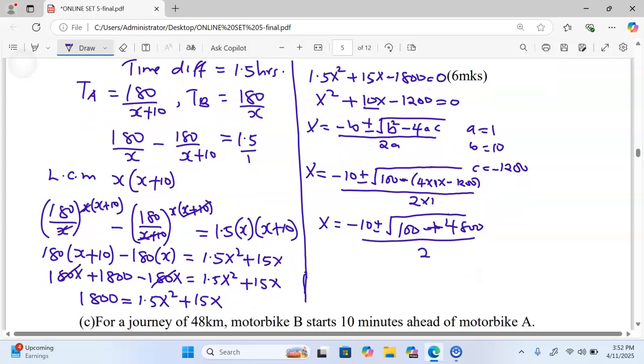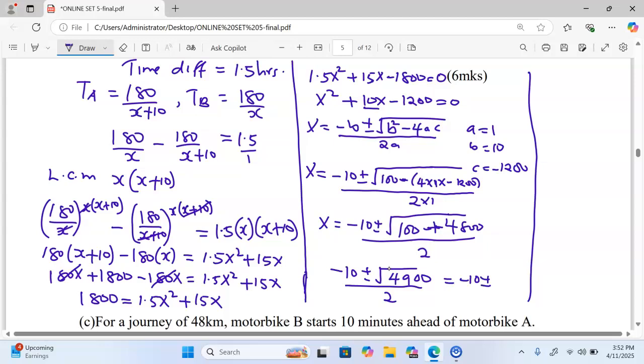And in this case now, we are going to have minus 10 plus or minus the square root of 100 plus 4800, which will give us 4900, divided by 2. And this one is going to give us negative 10 plus or minus the square root of 4900, which is 70, divided by 2.